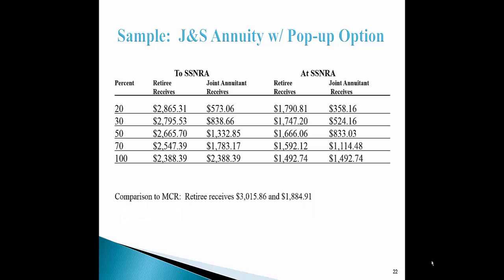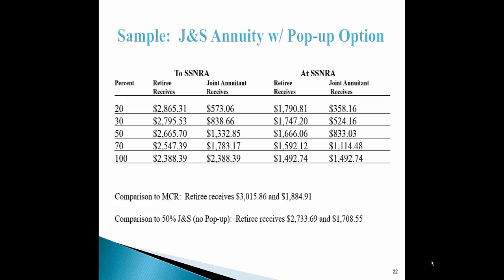Compared to the MCR option, where the retiree would receive $3,015.86 and a reduced amount of $1,884.91, if the retiree elected the 50% J&S pop-up option, they would receive $2,665.70 until age 67, and then the benefit would reduce to $1,666.06.